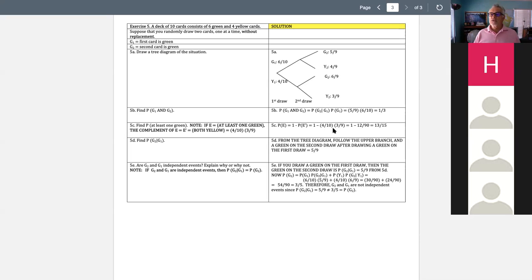So we're going to subtract that product from 1 to get the 13/15. And as I said earlier, you could go ahead and define all of the ways that you get at least 1 green card and add up those probabilities, and you'll get the same value. But this is kind of neat. It's not a trick. It's just applying the rules of probability. The probability of A prime plus the probability of A is always 1.